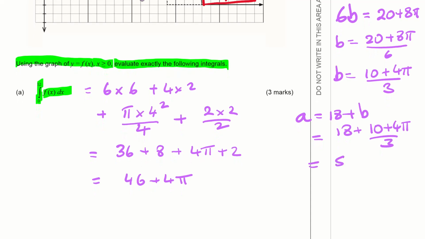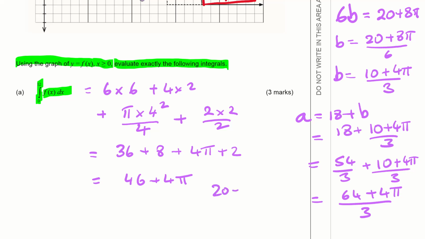And that would be 54 on 3 plus 10 plus 4 pi on 3, which is 64 plus 4 pi divided by 3. The answer says 20 plus 8 pi over 6 plus 18, which is actually the same thing, and we could probably see that from there.